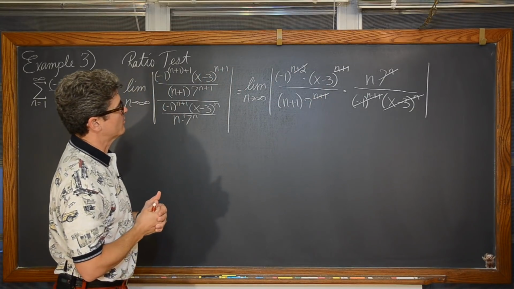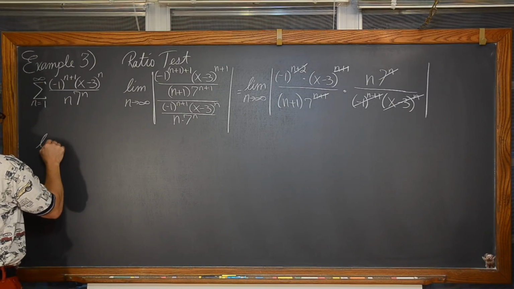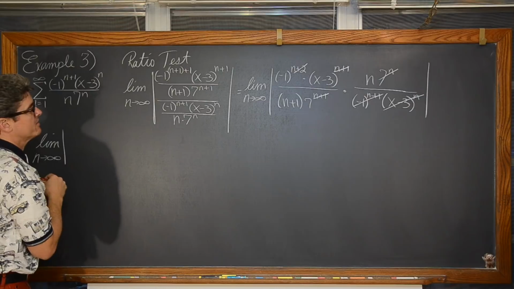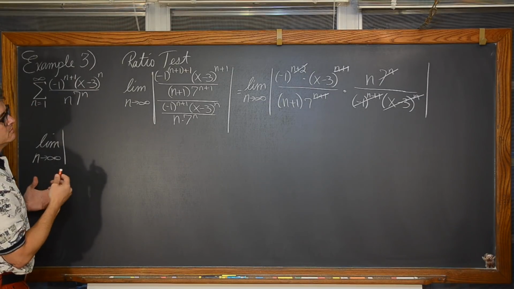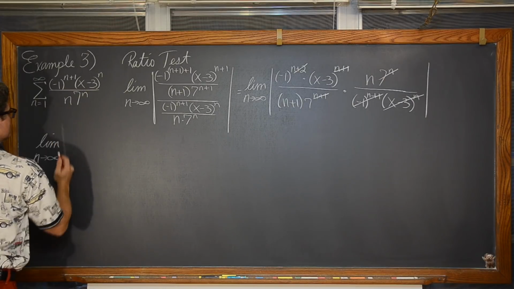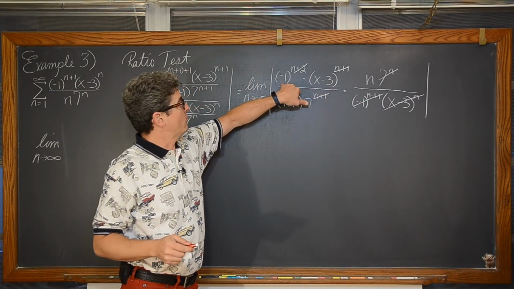Now cleaning this up, what do we got? We have the limit as n approaches infinity of the absolute value of, well, actually let's do this. Let's take out all those n's because they're going to be positive. The absolute value, again, is going to take care of that factor of negative 1.